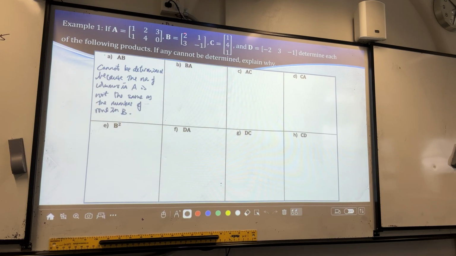But BA could work because it's 2 by 2 times 2 by 3, and you will end up with a 2 by 3, correct? This is a sanity check for you: when you multiply a 2 by 2 with a 2 by 3, you will end up with a 2 by 3. So always do your check.